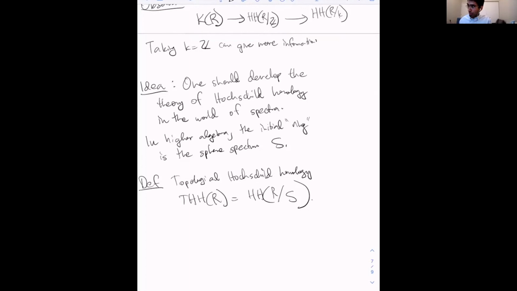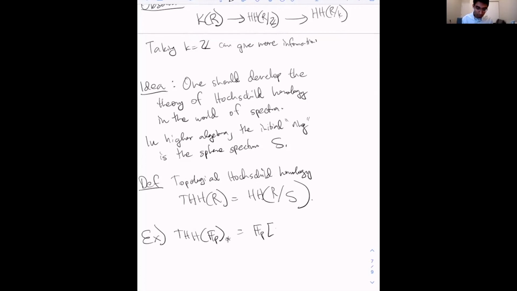So here's a basic reason that topological Hochschild homology turns out to be a better theory than Hochschild homology over the integers. This is a point that Lars Hesselholt likes to make. This is maybe the first example of topological Hochschild homology: if you take the topological Hochschild homology of F_p, what you obtain is very nice.